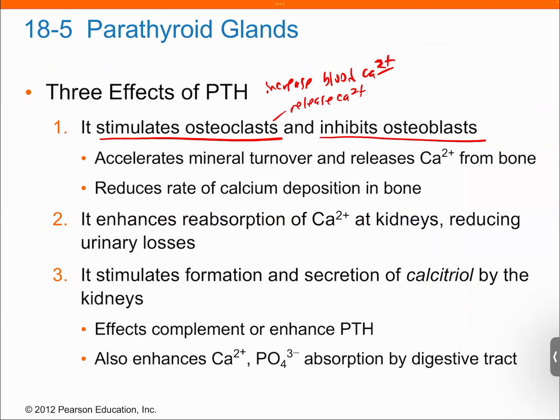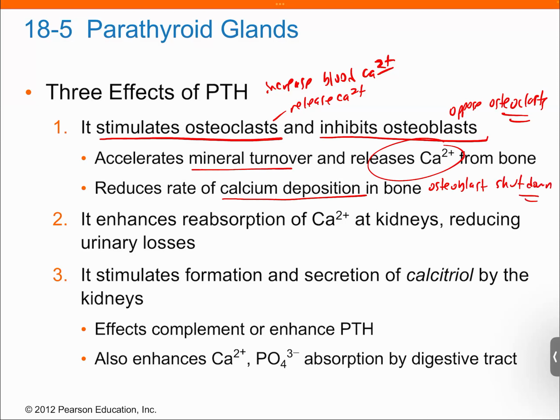It also inhibits osteoblasts, which are doing the opposite. They're taking calcium and putting it into the bone. So you shut that one off and you stimulate the mineral turnover, that is to say the osteoclast piece. This accelerates your mineral turnover and the release of calcium, and it eliminates the deposition of calcium in bone. So this is the osteoblast shutdown. So that's number one.